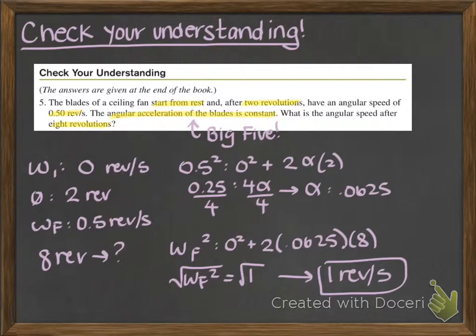So you multiply 2 times 0.0625 times 8, and then you're just going to find the square root of that, and that conveniently gave you 1. So the final angular velocity would be 1 revolution per second.